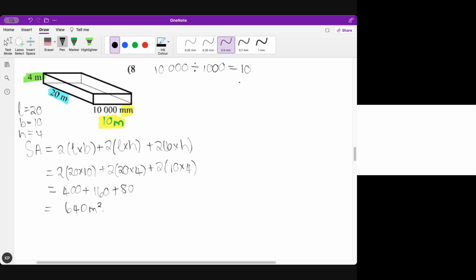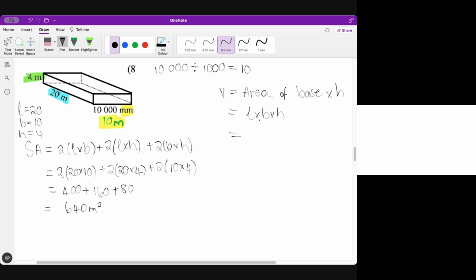All right, and let's do volume quickly. Now, I'm going to spice up volume, but let's first just do volume. So volume is area of your base times the height. And our base is still a rectangle, so it's still length times breadth times height.